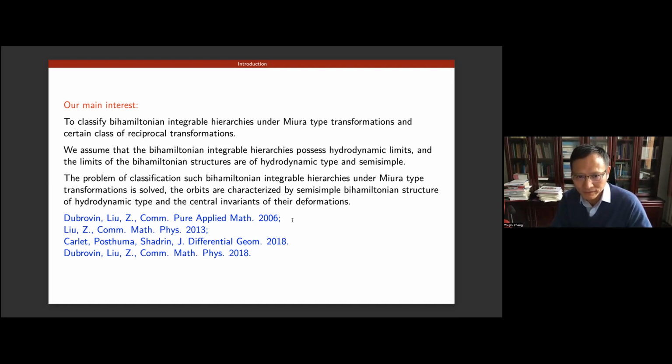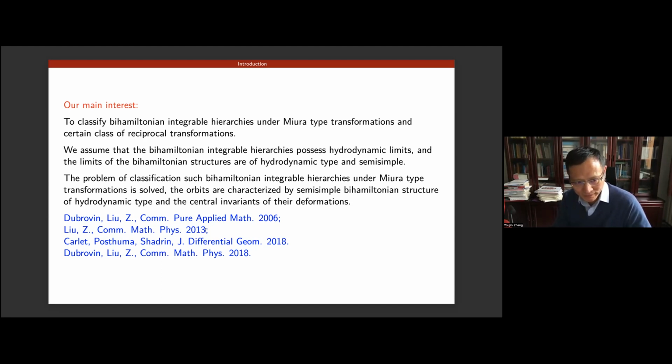This means we need to classify the class of deformations of all these bihamiltonian hierarchies of hydrodynamic type. So Dubrovin, Liu, and Zhang in 2006 classified the infinitesimal deformations, and in 2013 we classified this problem for the special bihamiltonian integrable hierarchy.